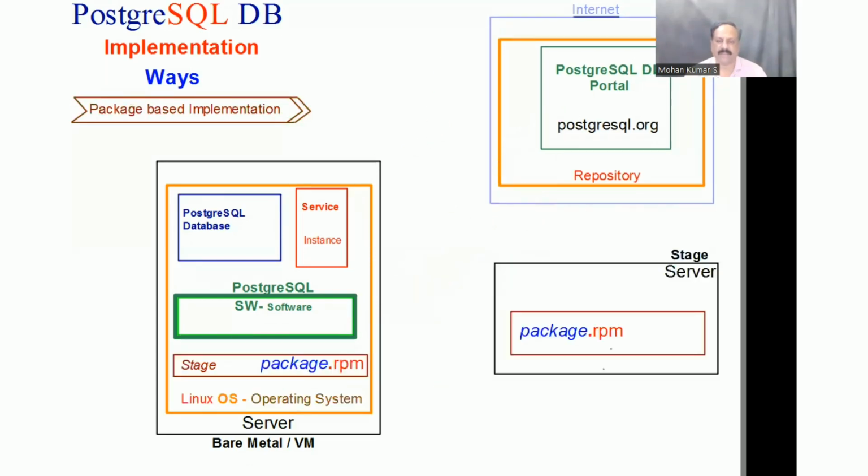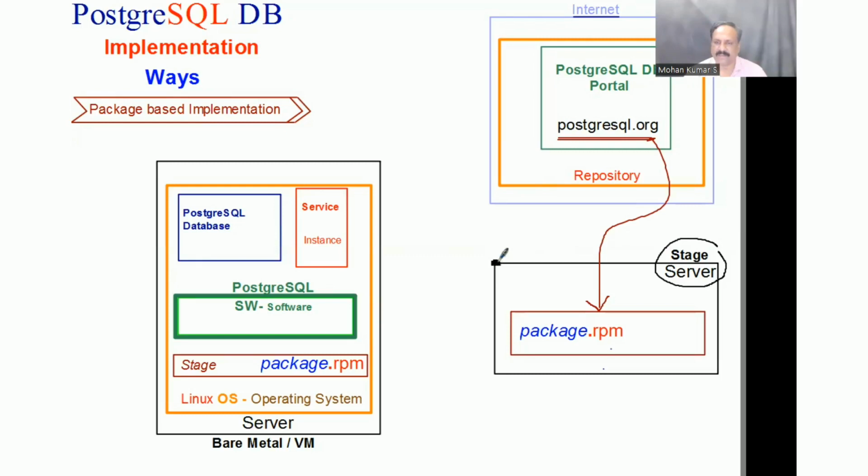Then the other option available is package-based implementation. Whichever packages we install, whether with the OS method or the repository-based method, we can also do with package-based. Whenever we say package, we have the central repository at PostgreSQL.org. From that repository, you download the packages onto a staging server, which may be configured for internet.